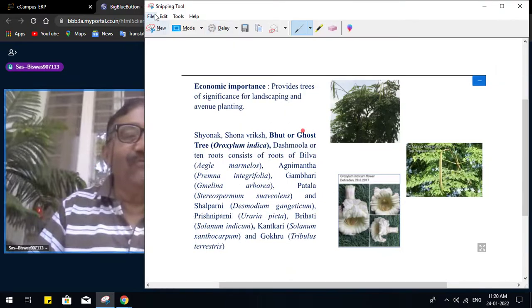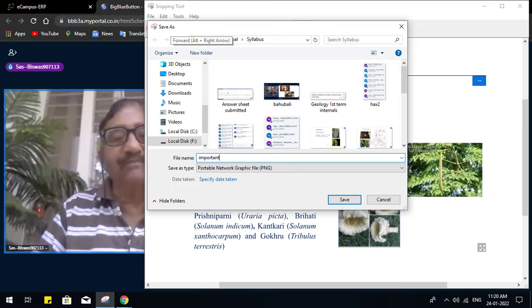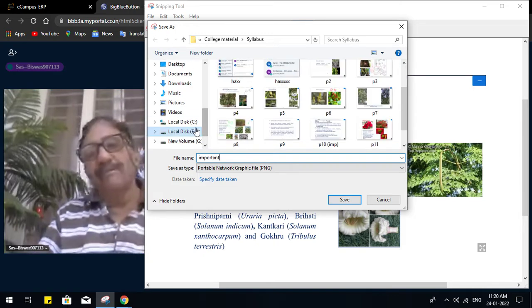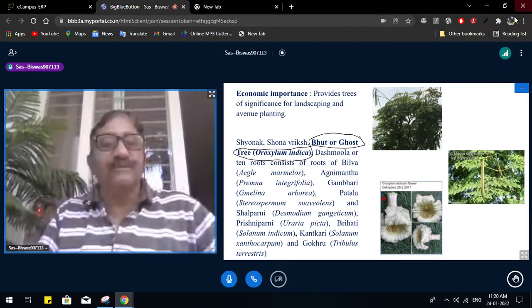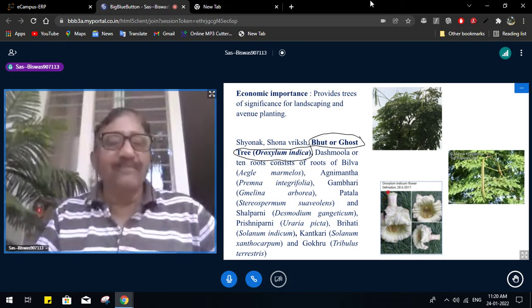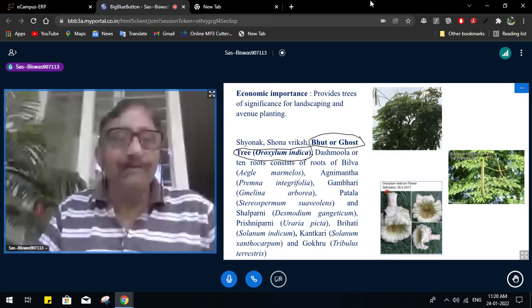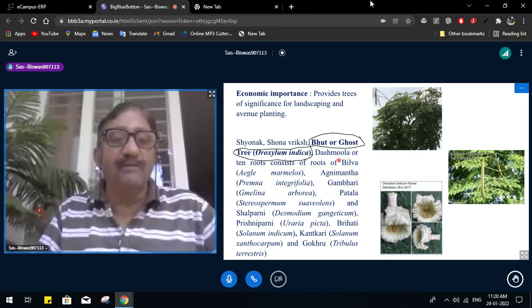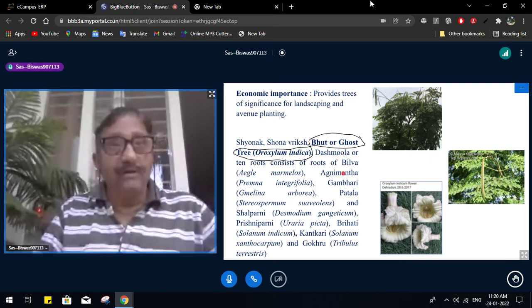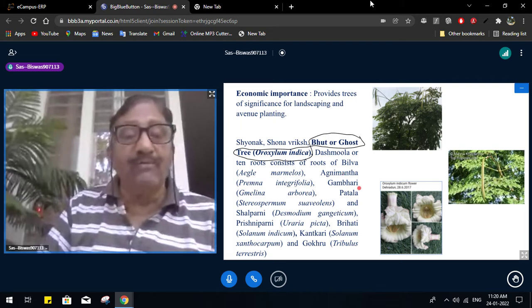For many years I could not understand why this is called a bhoot or ghost tree. But it is mentioned in Ayurvedic medicine where it goes with the name of Dashmula, one component of Dashmula. Dashmula is quite important from the medicinal point of view.